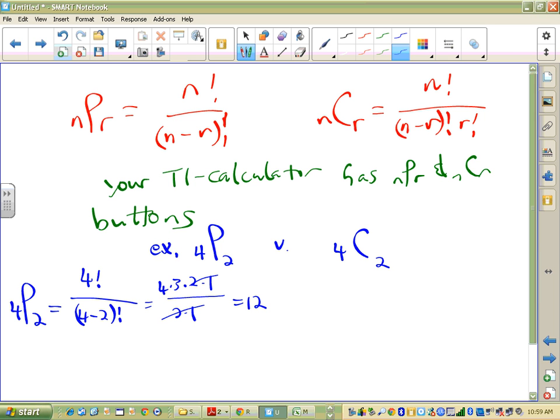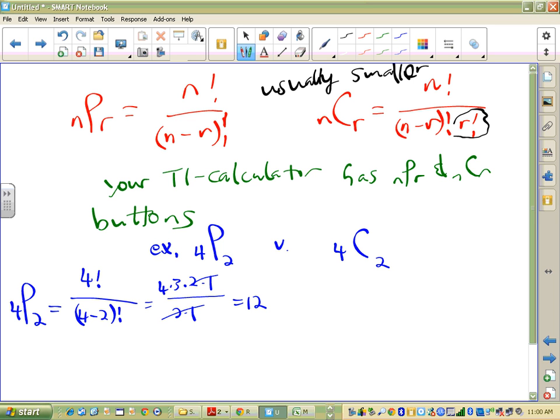One thing to note about combinations is they are usually smaller. When you evaluate them, they're usually a smaller answer than permutations, because you're dividing by some more stuff. Right there, you're dividing by r factorial more. Because of that, they're usually smaller.